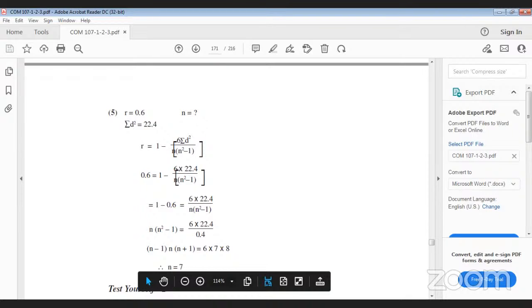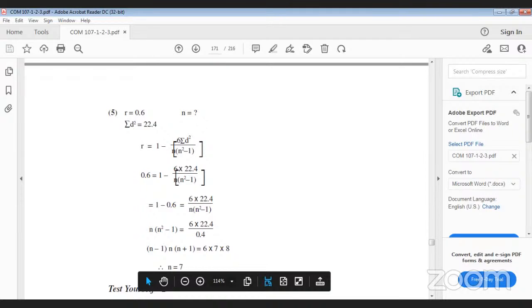Here the formula a square minus 1, that means n minus 1 in the first bracket, then into n plus 1 in the second bracket, is equal to the total multiplication of 6 into 22.4, which is 134.4. Then 134.4 upon n into bracket n square minus 1.